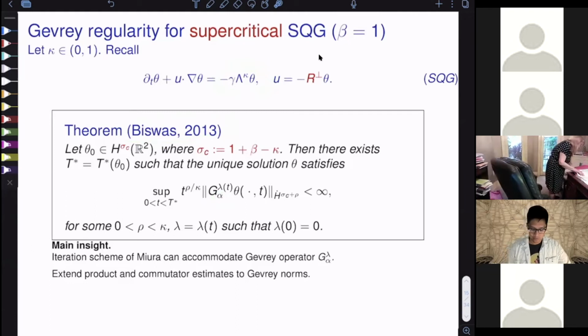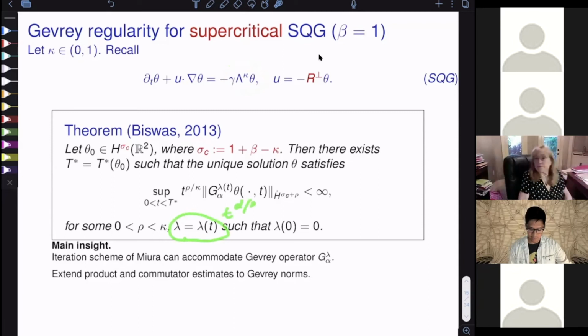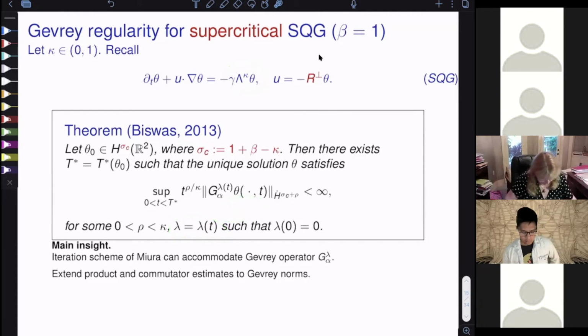So these results have Gevrey regularity, which is sub-analytic in particular, okay? And I haven't specified this lambda t, but t is essentially alpha over kappa. I'll make a remark on that perhaps later.